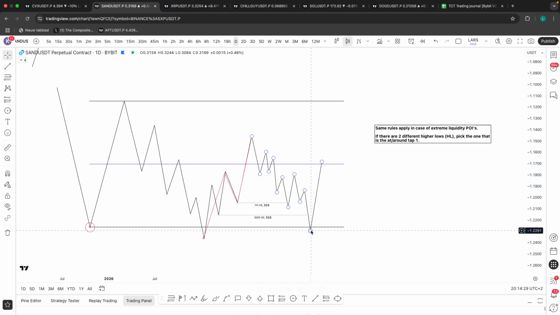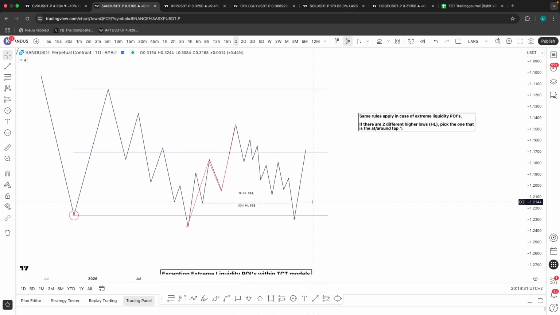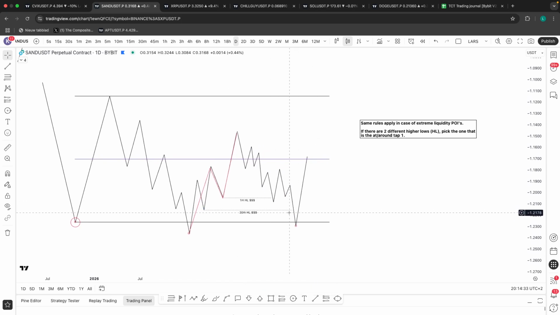And then obviously that solidifies this as your proper POI, because while sweeping your third tab POI, from an extreme liquidity perspective, you were already deviating tab 1, which will happen quite often, which brings a lot of confidence in the fact that you're putting your stop loss there once you're entering on a lower time frame break in here. You just have a lot of confidence in the stop loss placement because it truly invalidates the model.